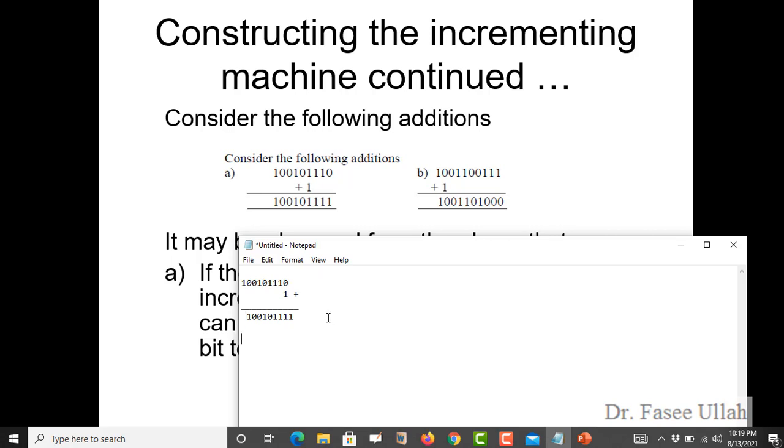Another example: we have 1, 0, 0, 1, 1, 0, 0, 1, 1, 1, and we have to add 1 using the concept of binary addition. Okay, let's start. In general mathematics, 1 plus 1 is 2.